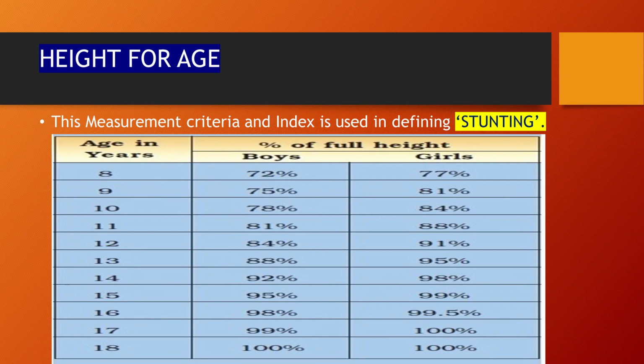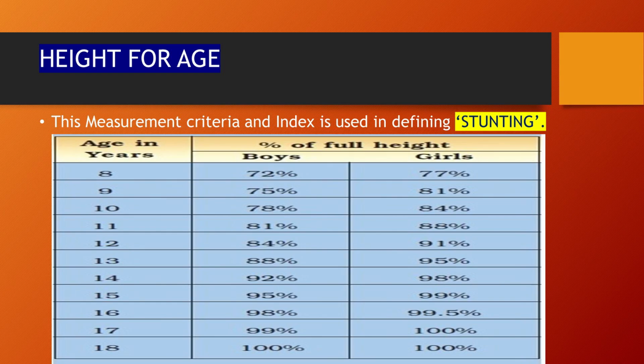At the age of 16 to 17 the girl achieves almost 99 to 100% of her maximum height, which she achieves around 16 to 17 years of her age.